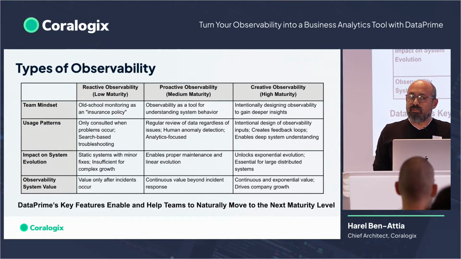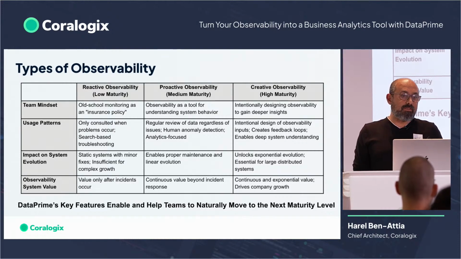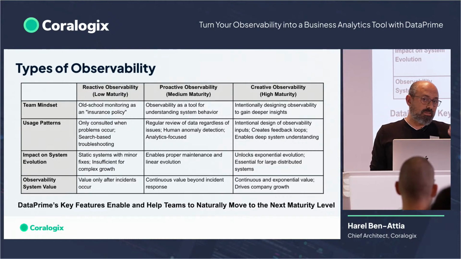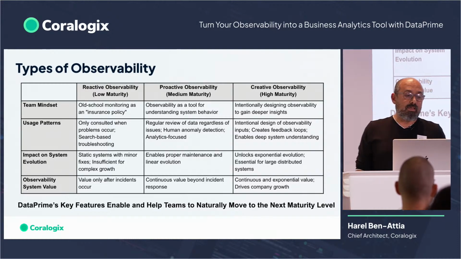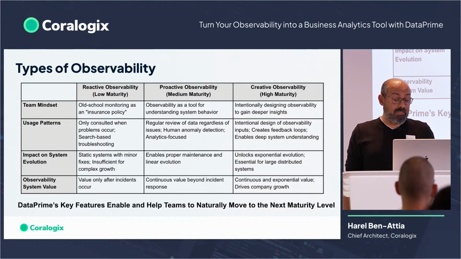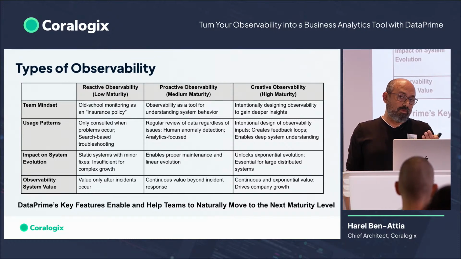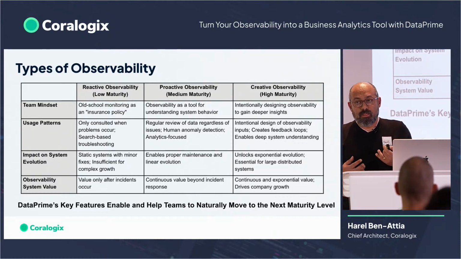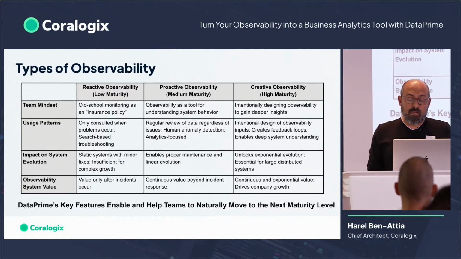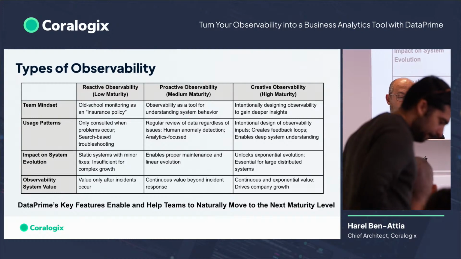With proactive, it becomes a little bit better, but when you move to creative observability, the ability to get continuous and exponential value that drives company growth becomes very prominent and a reality, closing a feedback loop of improvement. I saw a lot of cases where it takes the company forward in ways that were not possible before.